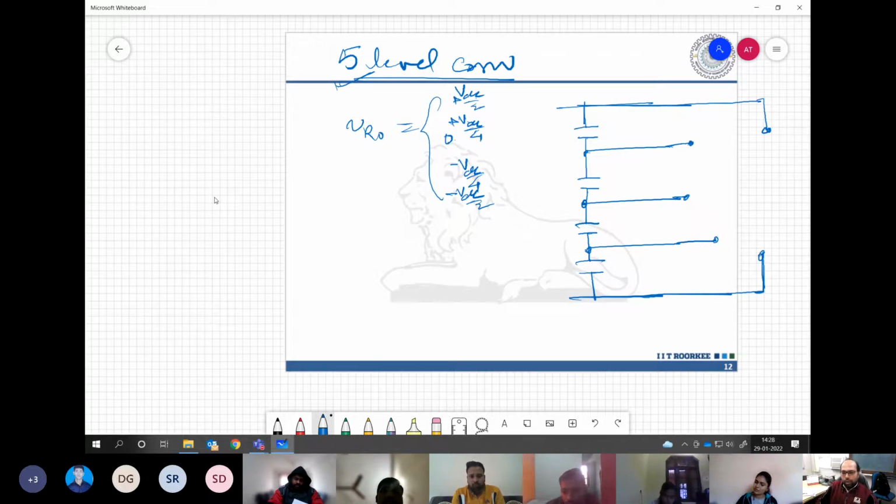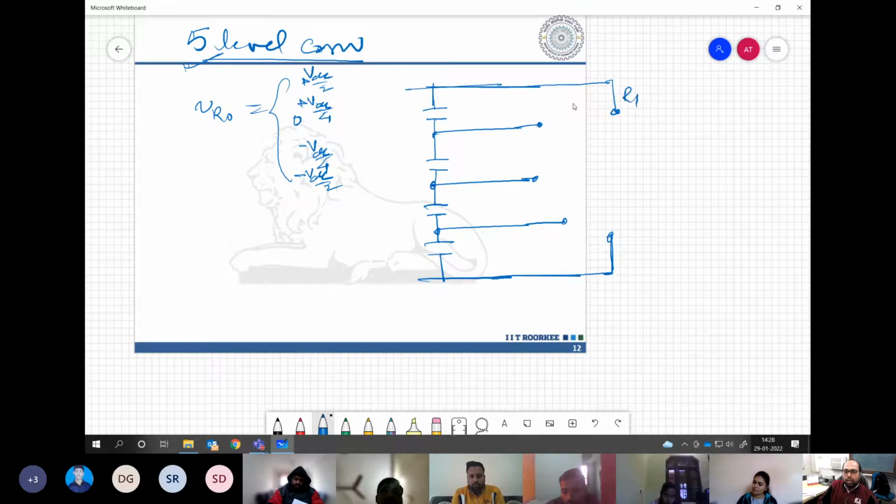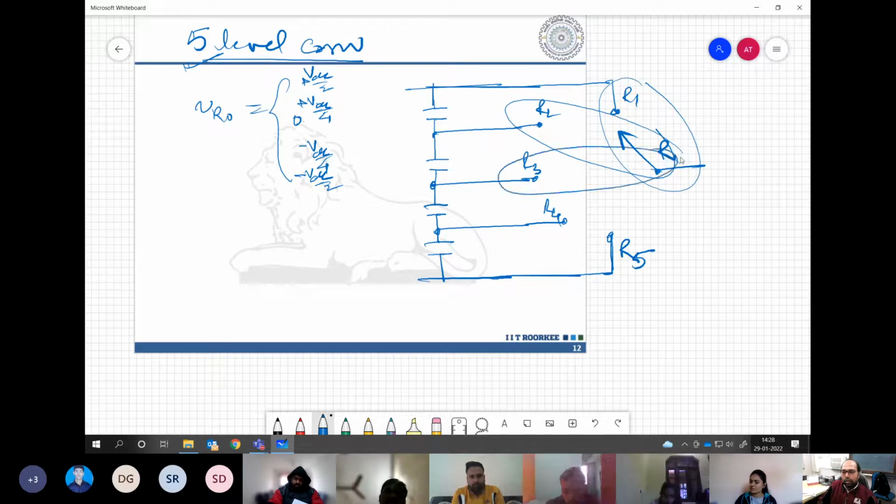So if you give these terminals some names, say R1, R2, R3, R4, R5, we have the possibility for R to be connected to any of these, R1 to R5. And based on where we are connecting, we may have different voltage levels.